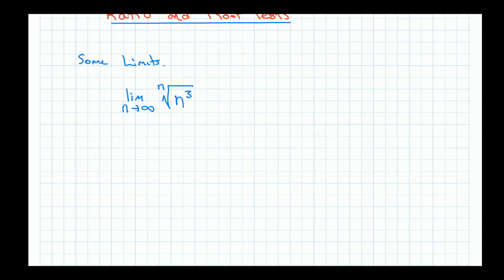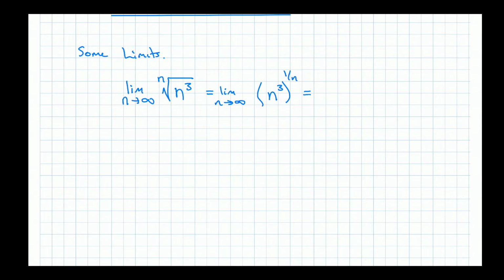Now, if you were going to evaluate that limit, the nth root of n cubed, you might want to write it like this. You might want to say, well, an nth root is actually a 1 over n power. And if you do that, that's actually a limit as n goes to infinity of n to the 3 over n.